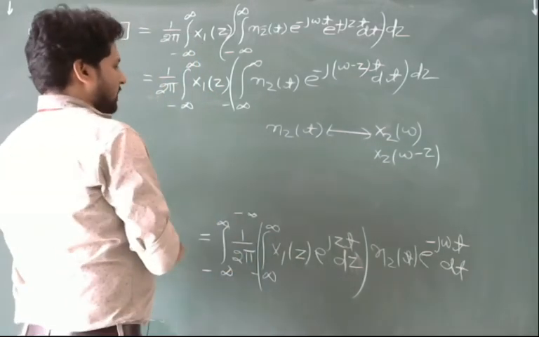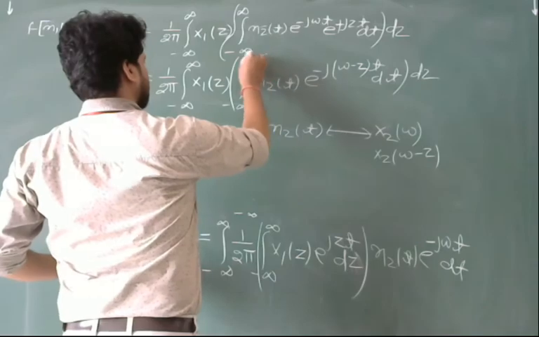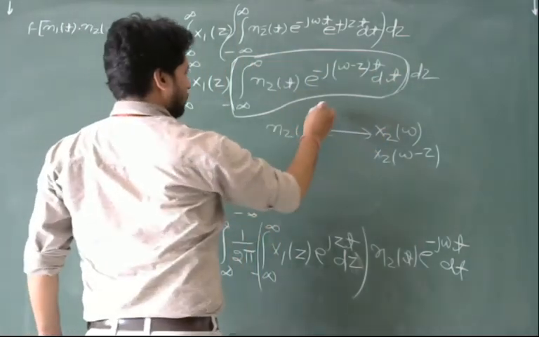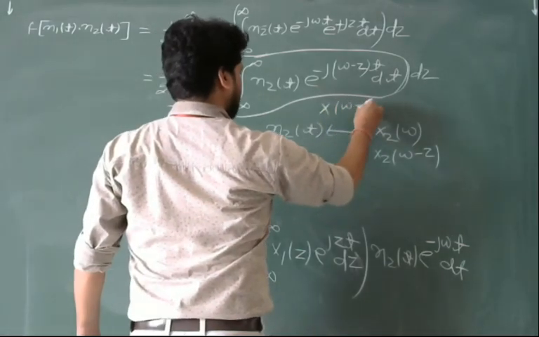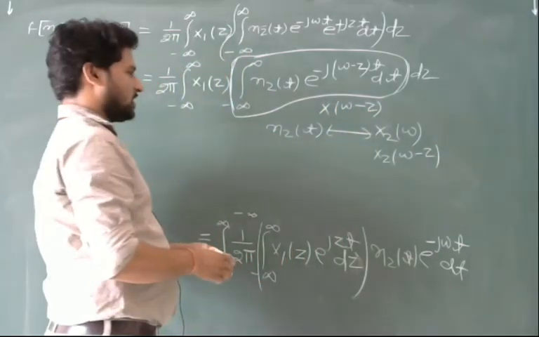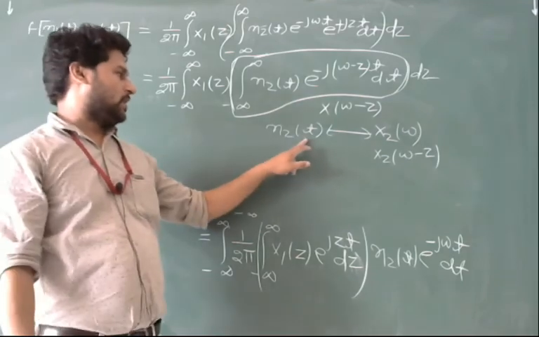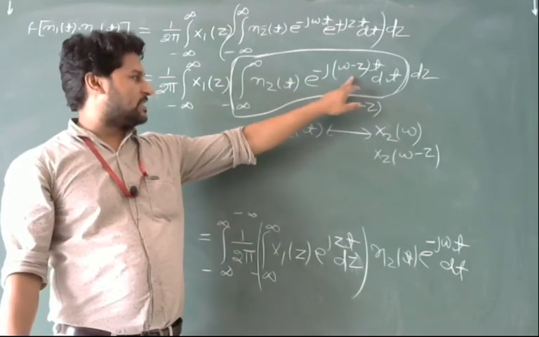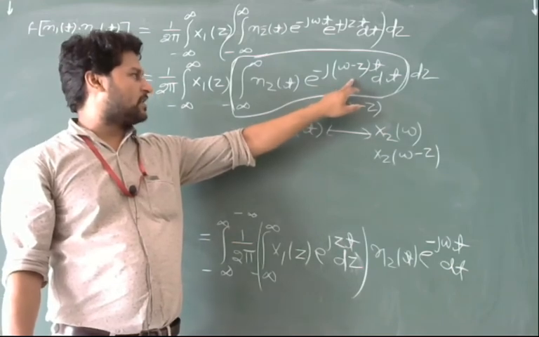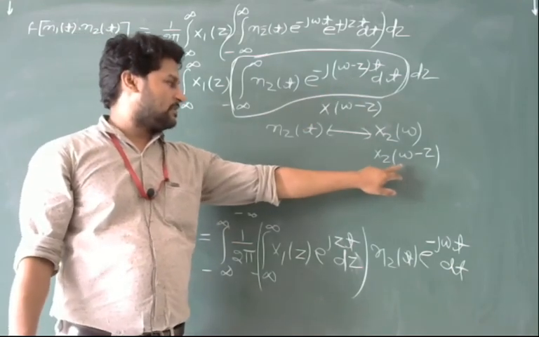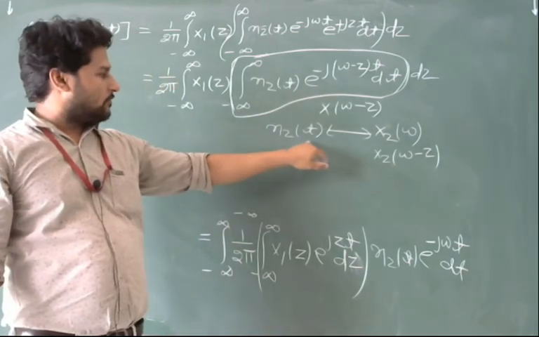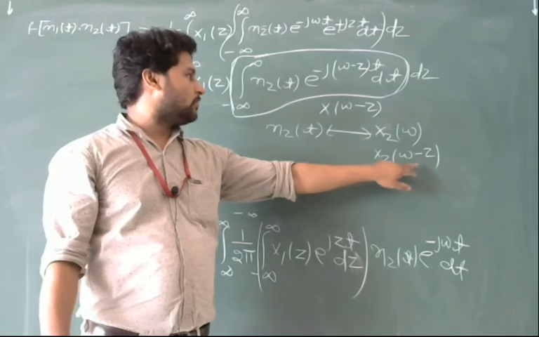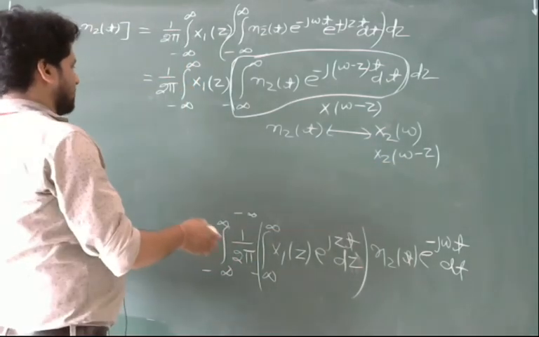So this whole term will be equal to X2(omega minus z), because the Fourier transform of x2(t) is X2(omega).